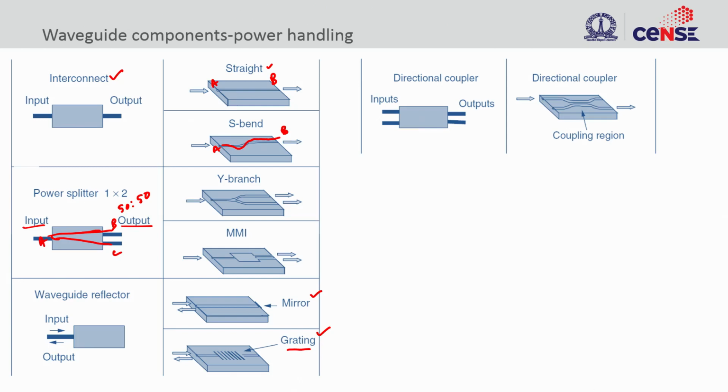So, you have realized the mirror, and the next power handling that we are going to do is what we call directional coupler. From the functionality, it looks like a power splitter, right, or MMI based power splitter or power combiner, but it can have really interesting features, right. Let us look at this very simple directional coupler.